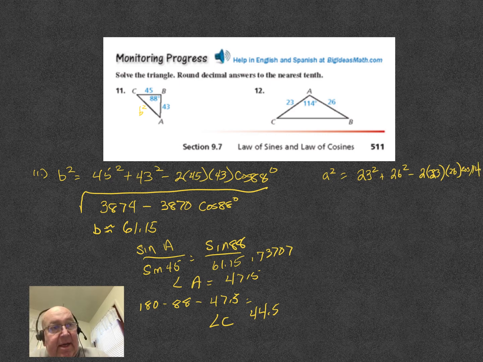Putting that into the calculator, A is going to be the square root of 1205 minus 1196 cosine 114, and from that I'm going to get that A is equal to about 41.4.